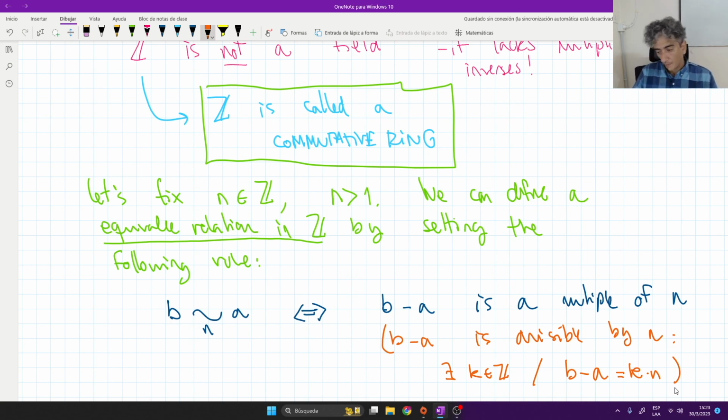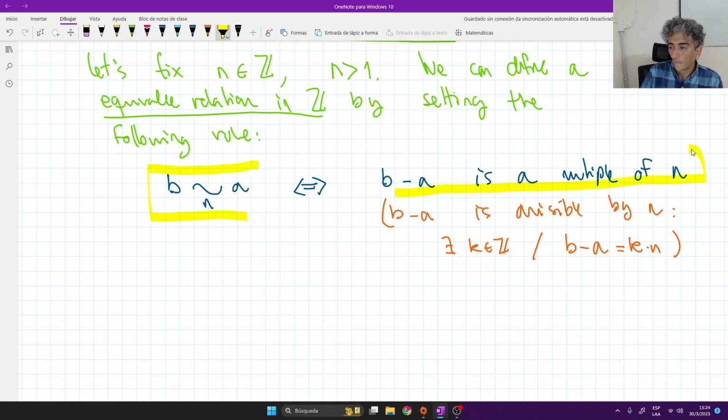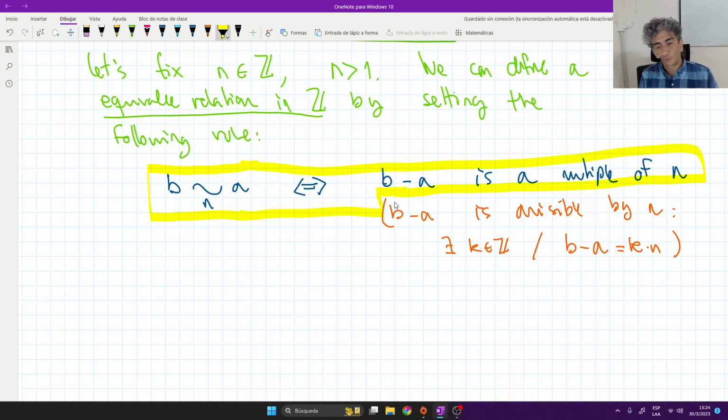So this relation, under this definition, defines what we call an equivalence relation.